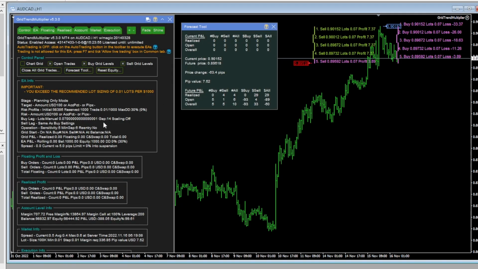Okay, I'm pretty happy with that. So we're aiming to make a profit of $100 and a loss of $100. If the price pulls back from the top here to the lowest point, we're going to have 5 open trades with a holding loss of $93. And that's how I plan my trade.